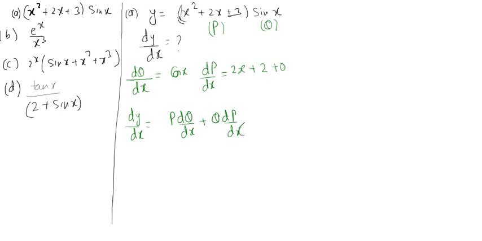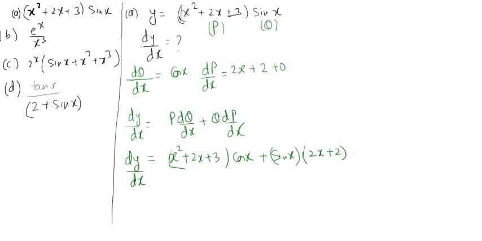Okay, so it can be written as p, which is x squared plus 2x plus 3, into dq by dx. dq by dx is cos x, plus q, q is sin x, into dp by dx, which is 2x plus 2. So dy by dx is x squared plus 2x plus 3 into cos x plus sin x into 2x plus 2.